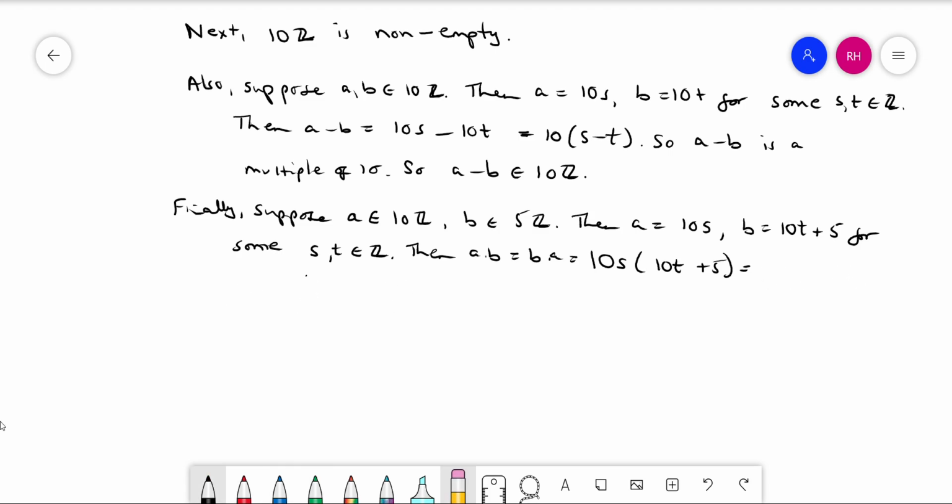It's all right except for this little bit here. So this is 100ST plus 50S, and that is equal to, I can take 10 out, that's the important point, it's 10 times an integer, and the integer is 10ST plus 5S. So A times B is a multiple of 10.